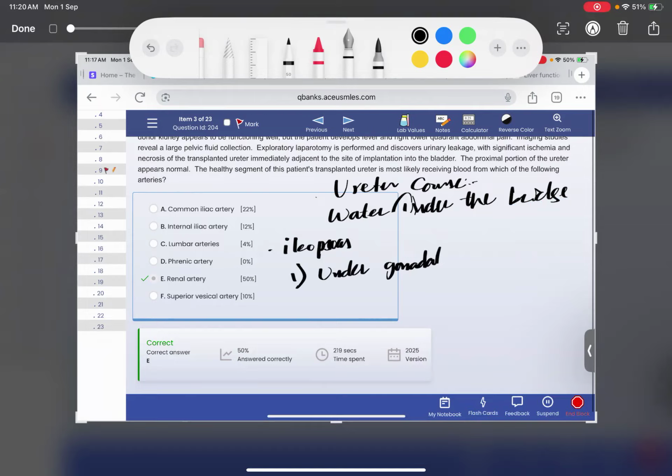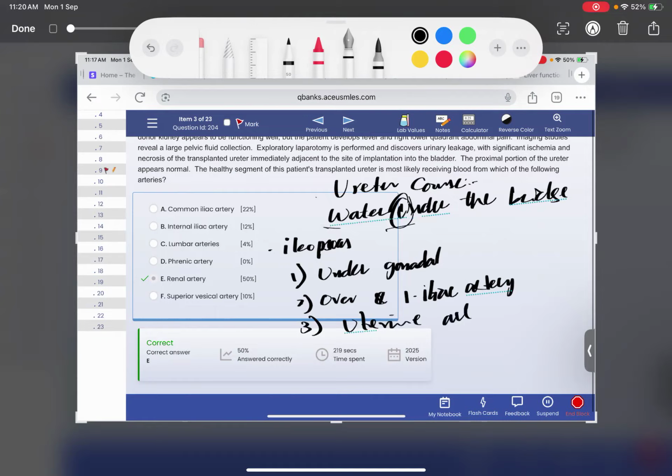Then moving down, it goes over the internal iliac artery, and the last one is under the bridge, the uterine artery. Remember: water under the uterine artery. The last one is more important because it is injured in gynecological procedures.